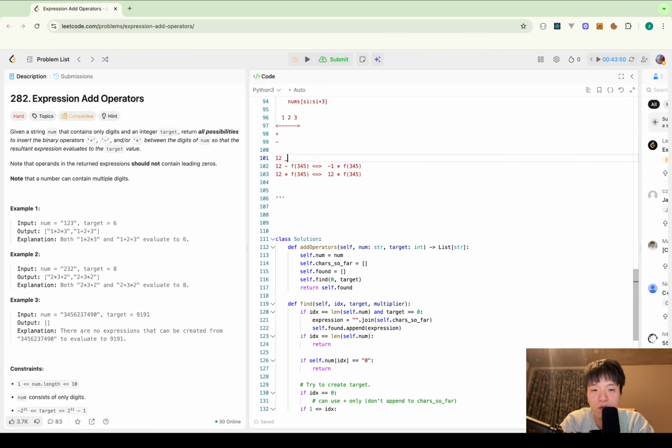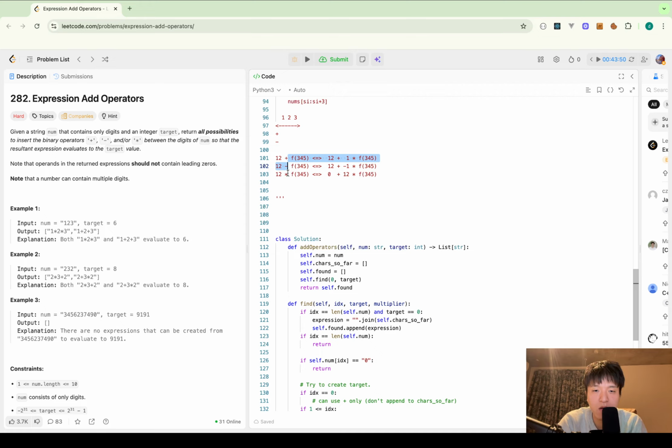If I choose plus here, after 2, I can think of this as 12 is counted now. I could simplify this.